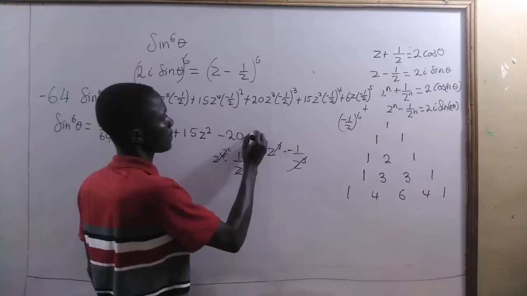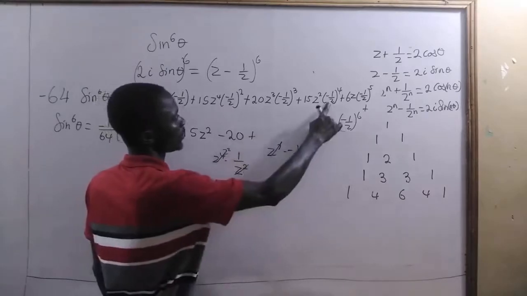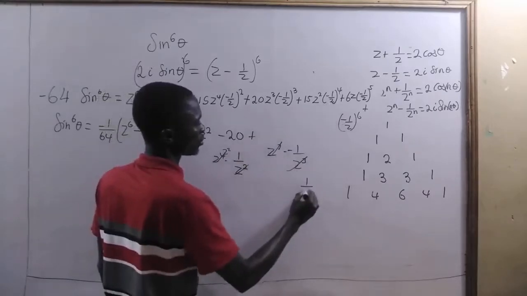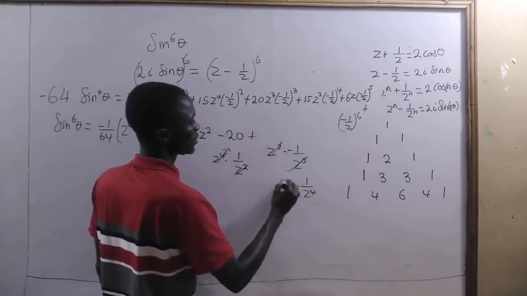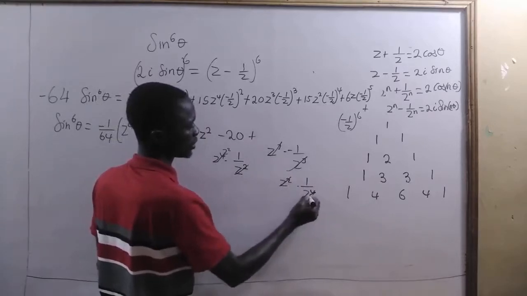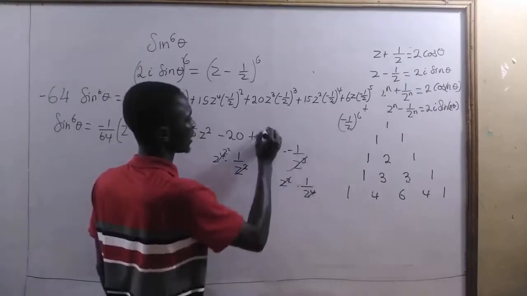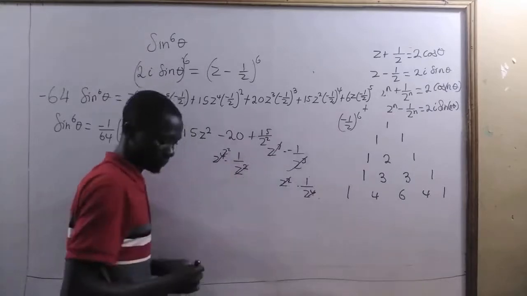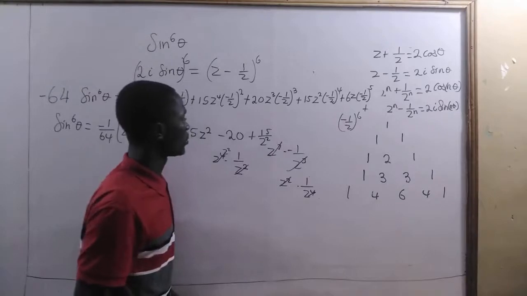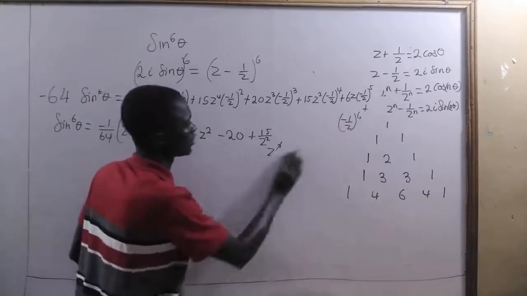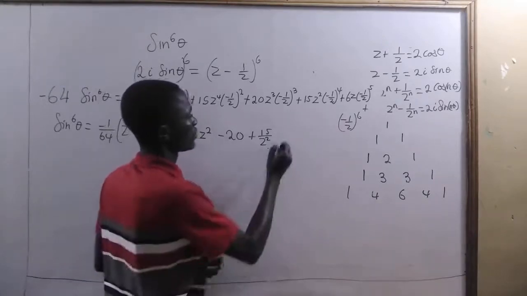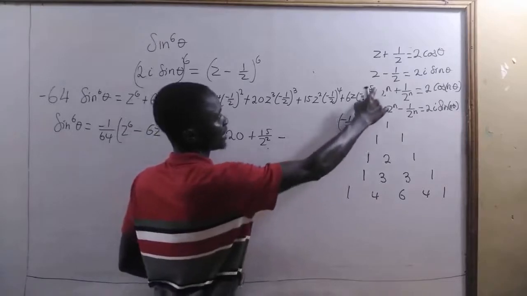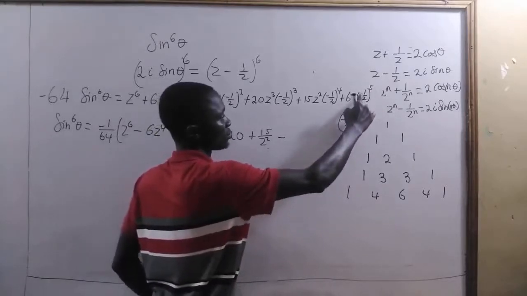Or this will give us positive. So it will be positive 1 on z to the power 4 times z squared. This will cancel this and we have 1 on z squared times 15. That is 15 on z squared. Minus, because this is an odd power, so it will definitely give us minus.